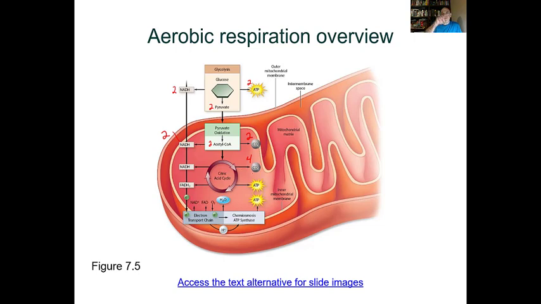From memory, there was 1, 2, 3 going around that circle times 2. That's a total of 6 NADHs there. There was 1 FADH2 for 1 turn, so 2 turns is 2 of those there. And for the ATP, during 1 complete turn, you produced 1, but we go twice for each of the pyruvates that came in. So that's 2 ATPs.